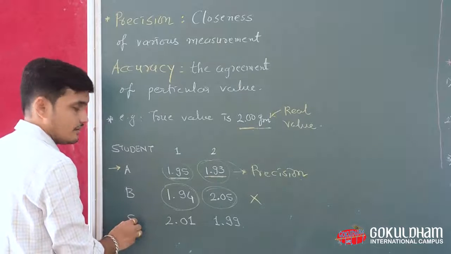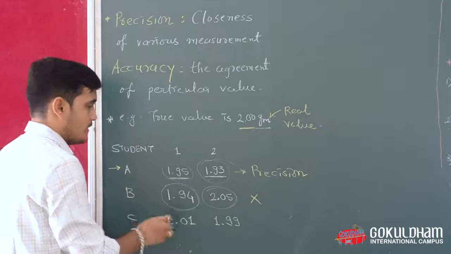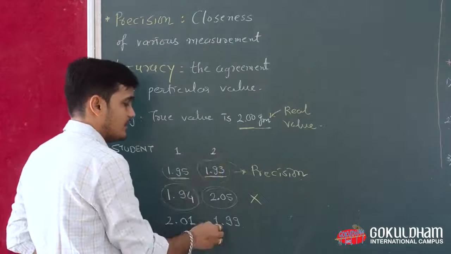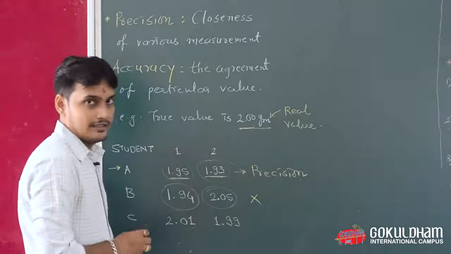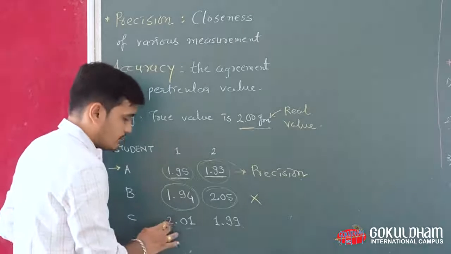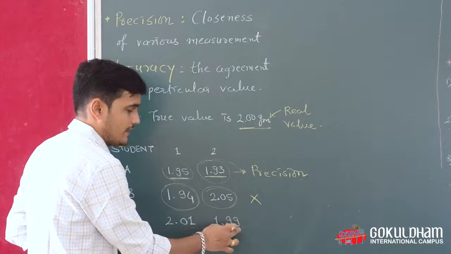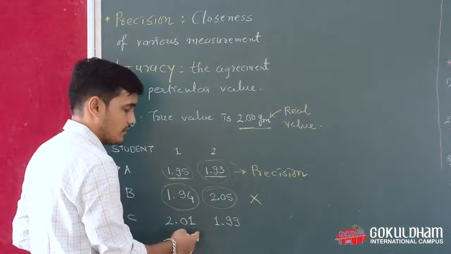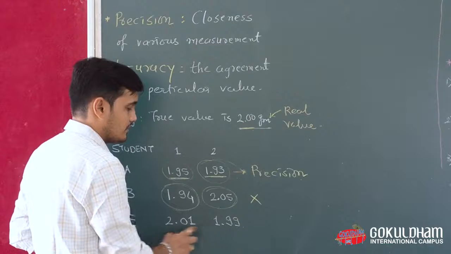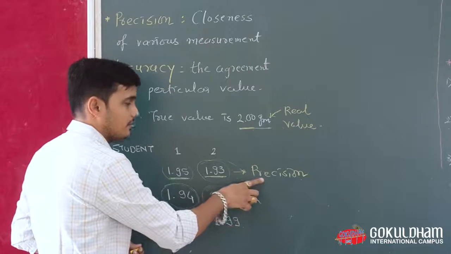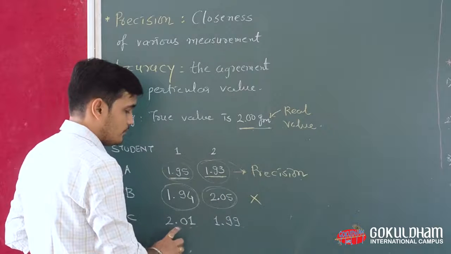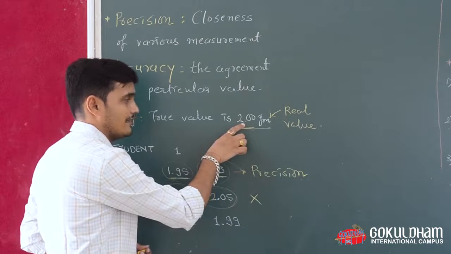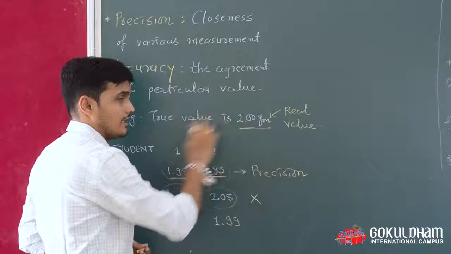In the third student's case, his first reading is 2.01 and the other reading is 1.99. So we can see that 2.01 and 1.99, these both measurements are very close to each other. So these readings fall in the category of precision, and 2.01 and 1.99 are also exactly near our original value, that is 2.0 gram.